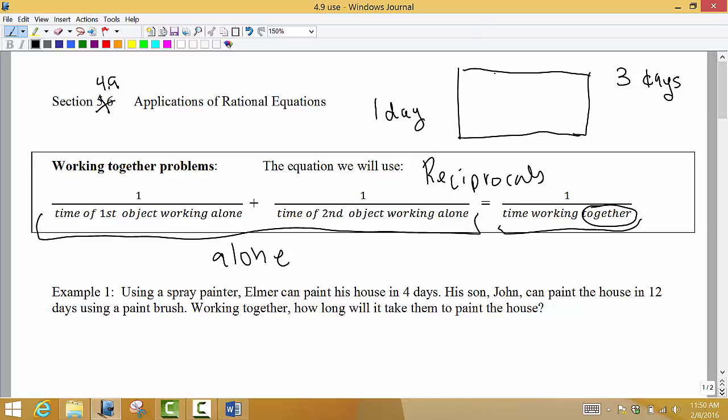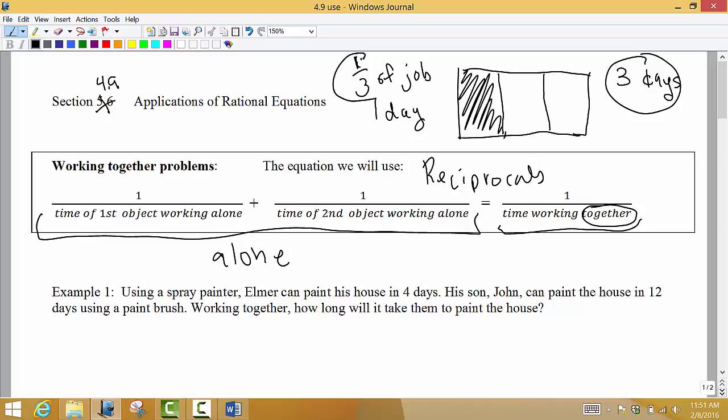Well, in 1 day, we're going to take this wall and divide it into 3 equal parts. And in 1 day, I would actually complete a third of the job. So I can paint a third of the wall in 1 day. If you think about it, the entire project takes 3 days, and how much can I complete in 1 day? That's what we're looking at. And these two numbers are reciprocals of each other.